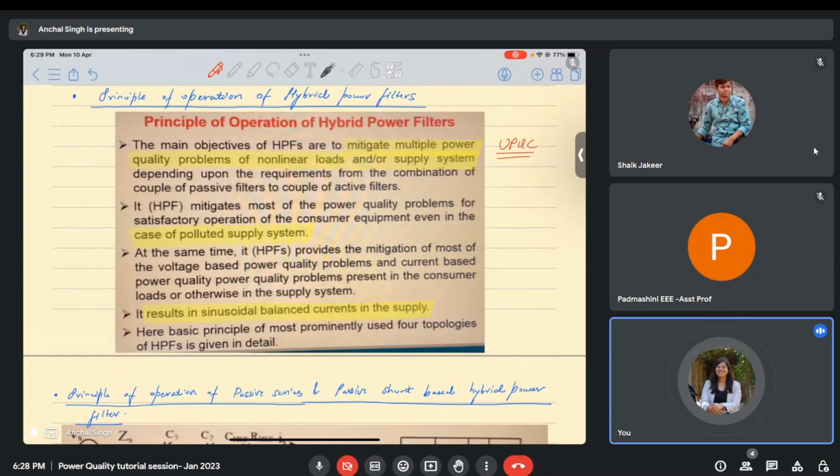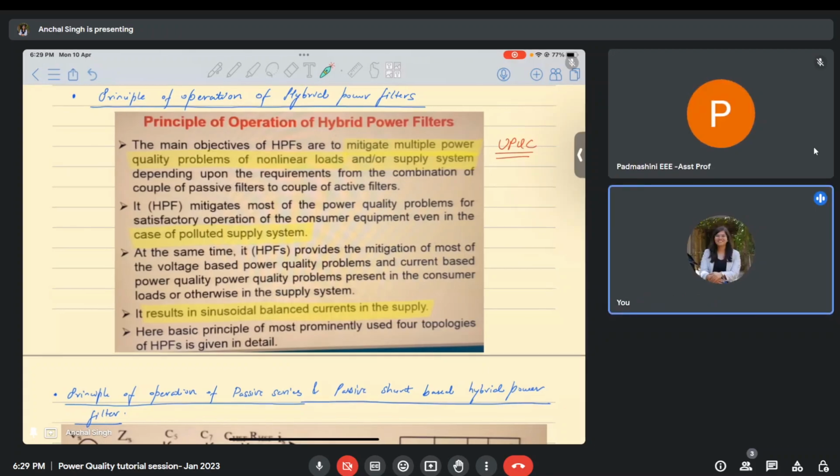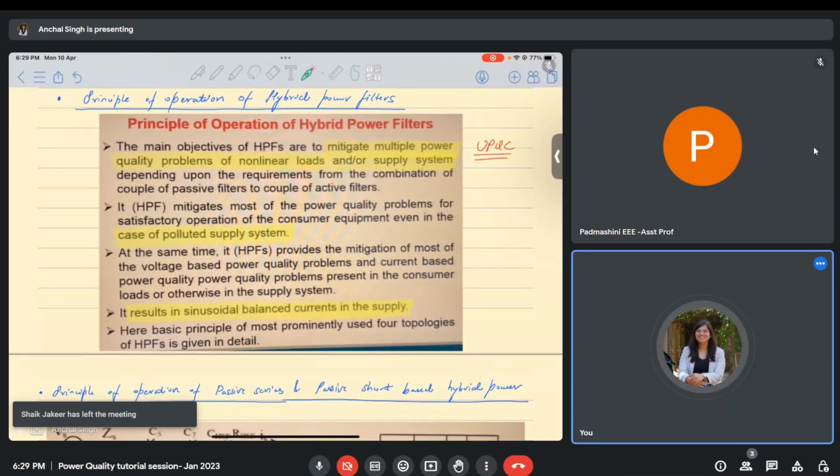But the difference between UPQC and these hybrid filters is that while doing the design or the analysis of UPQC, we considered that the supply system has sinusoidal voltages, and we did not consider the non-idealities that were present in the supply system while discussing UPQC. Whereas while discussing these hybrid power filters, we'll be talking a lot about non-idealities in the voltage or the supply system as well.